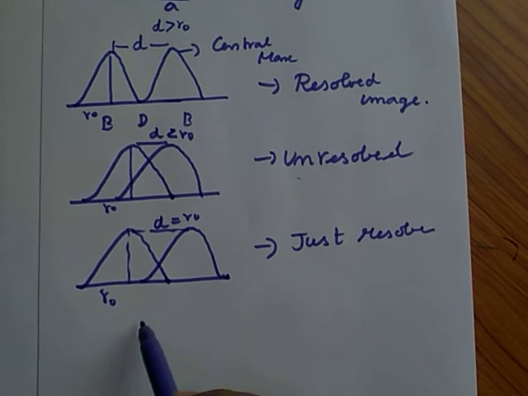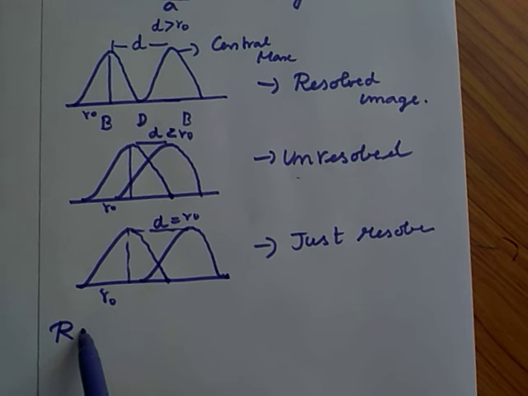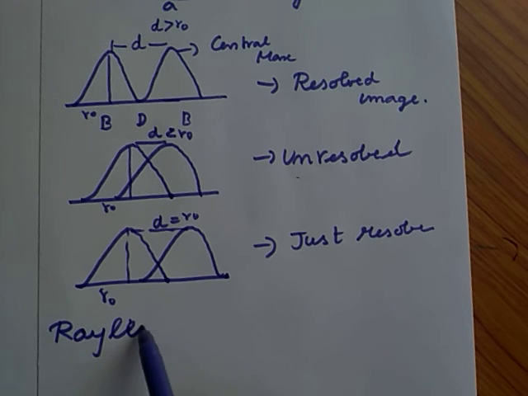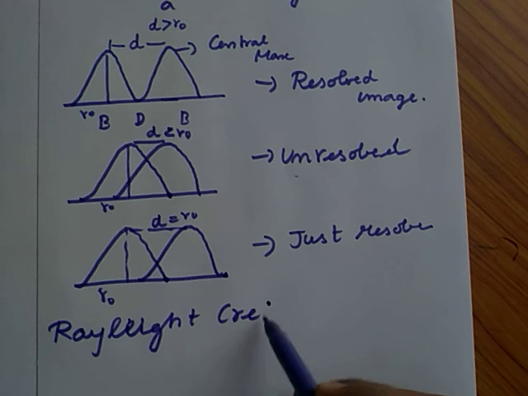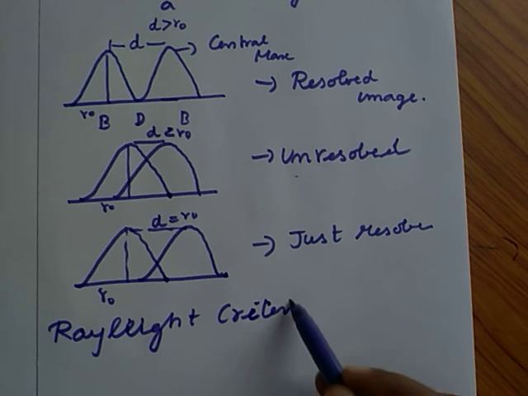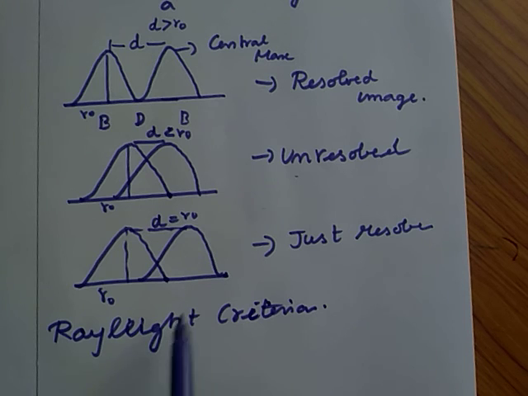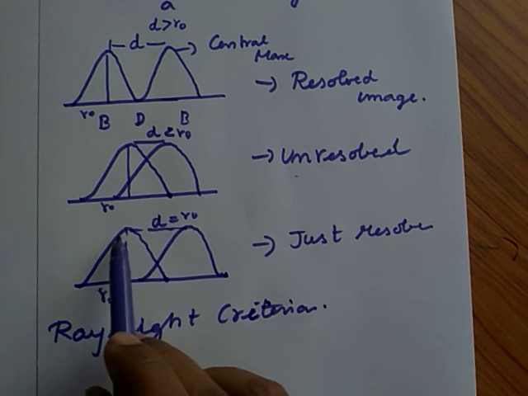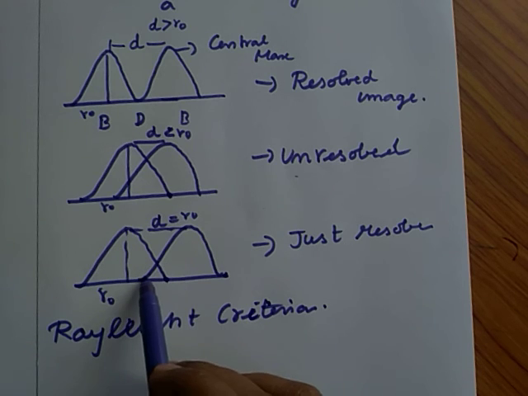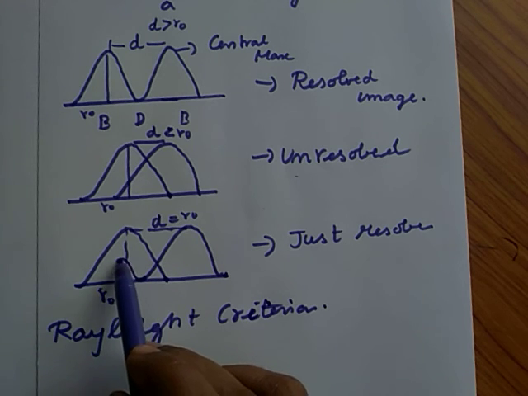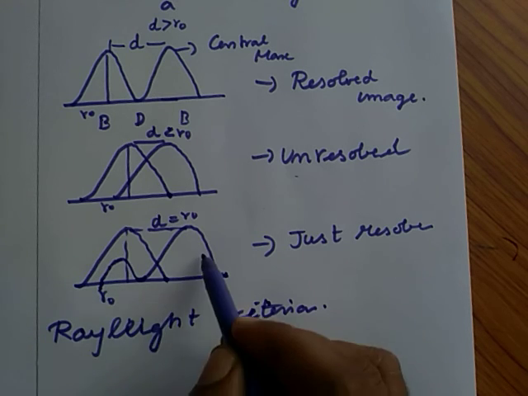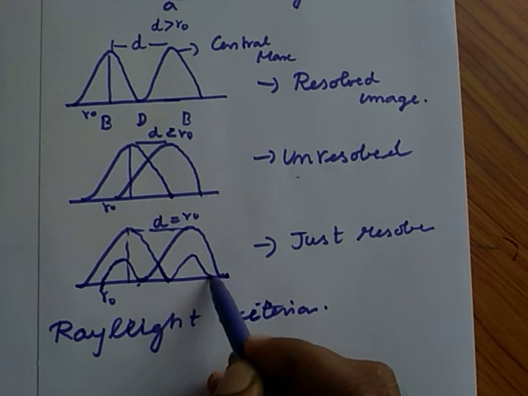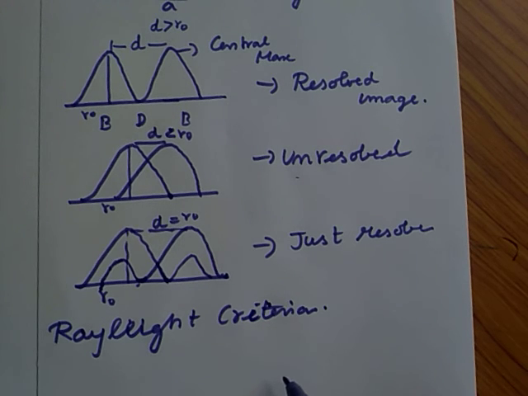This is known as the Rayleigh Criterion. It says that for just resolved images, the central maxima of one image coincides with the first minima of the other image.